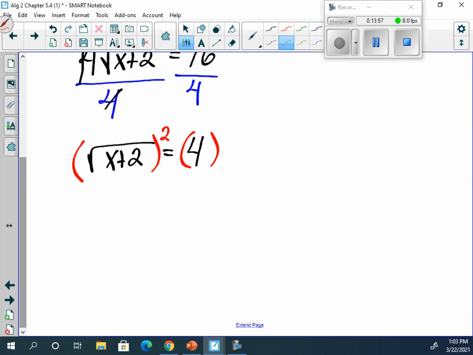Second power, because we have a square root. As the index or the nth root of this is a 2, it's a square root. So to undo a square root, we square both sides. The square root and square would simplify and leave us with x plus 2 equals 16.